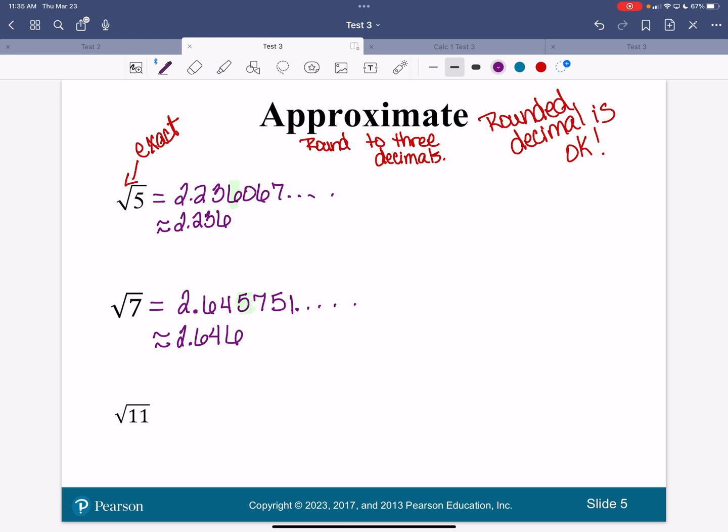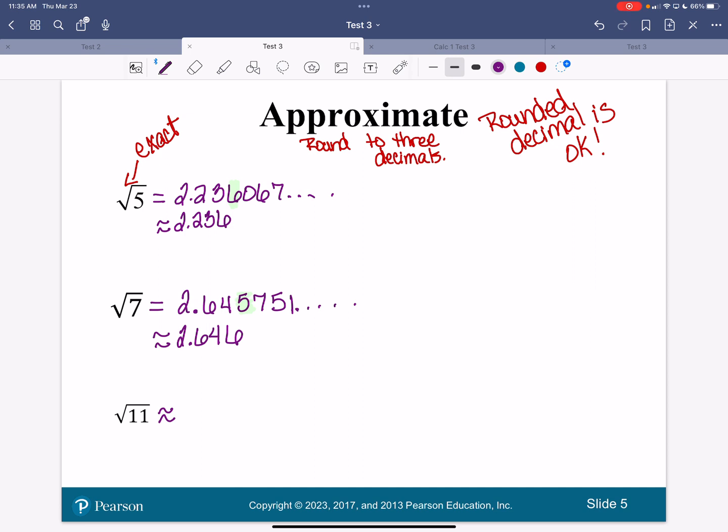Now you try the square root of 11 and tell me what you get. We are rounding to 3 decimal places.